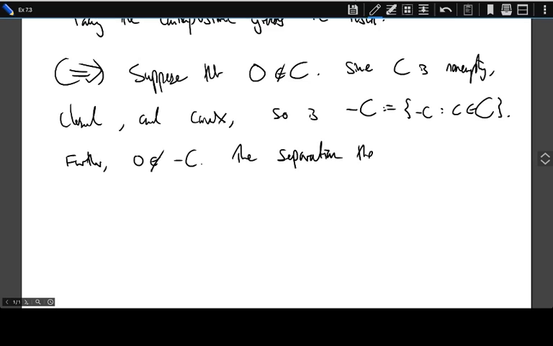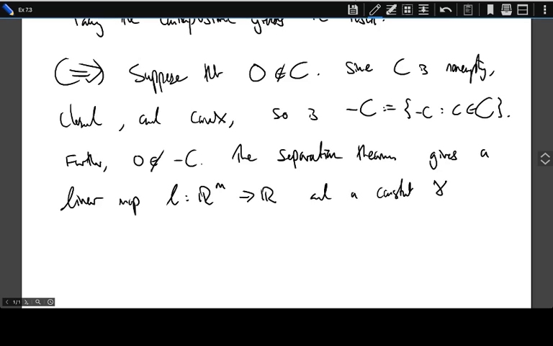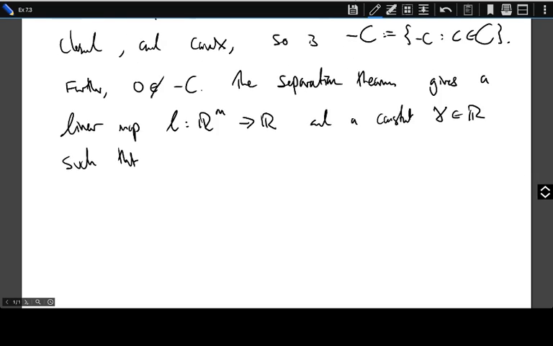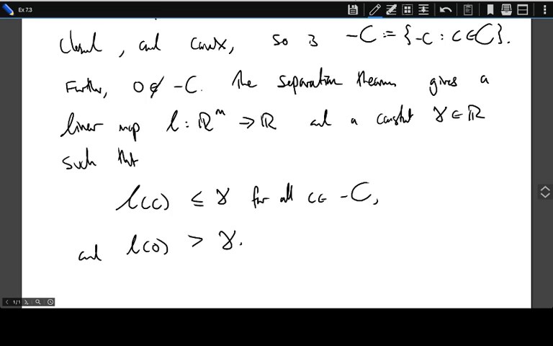The separation theorem gives us the existence of a linear map L from the set of vectors Rm to the real numbers, and a constant gamma in the reals, such that L applied to any vector C is less than or equal gamma for all elements of minus C, and L at 0 is greater than gamma.